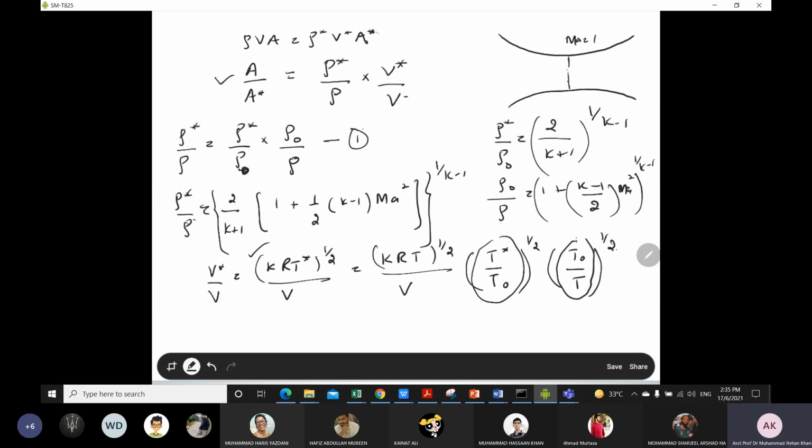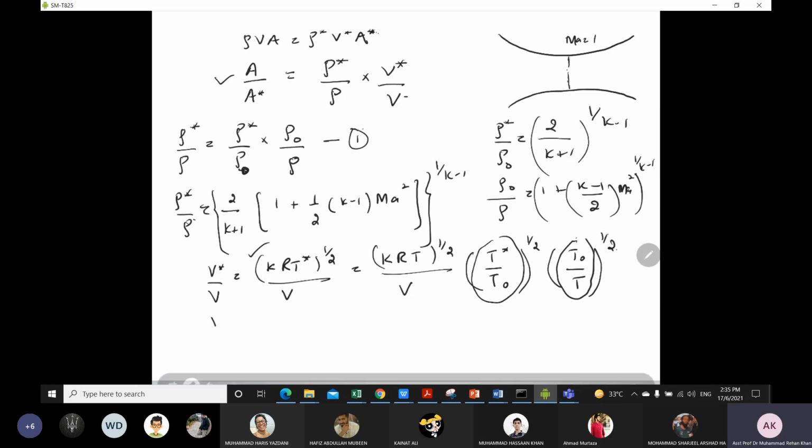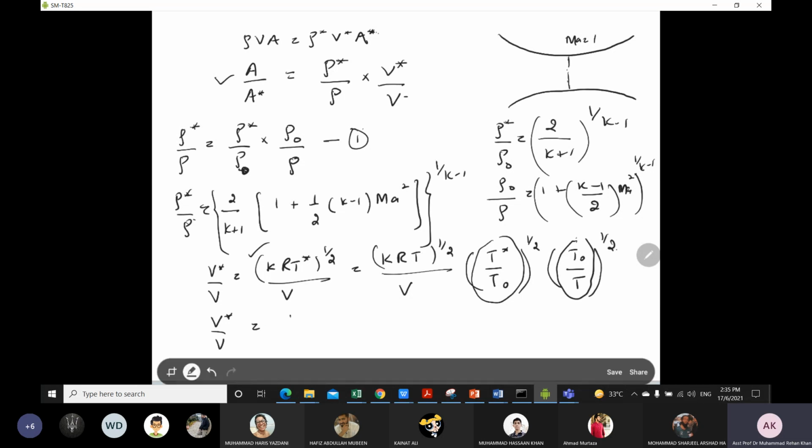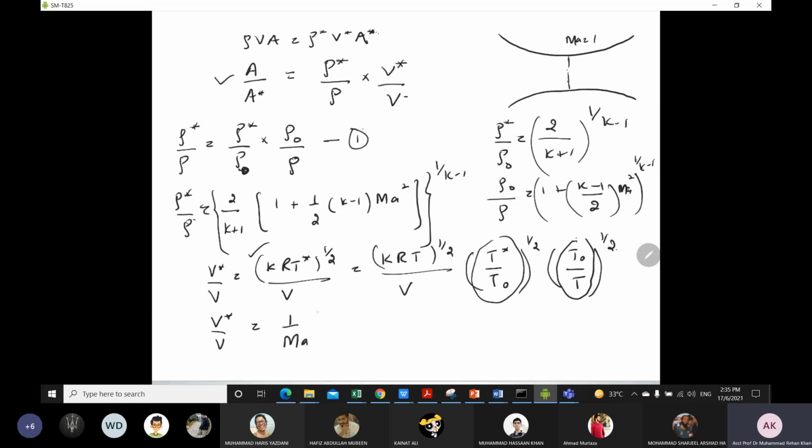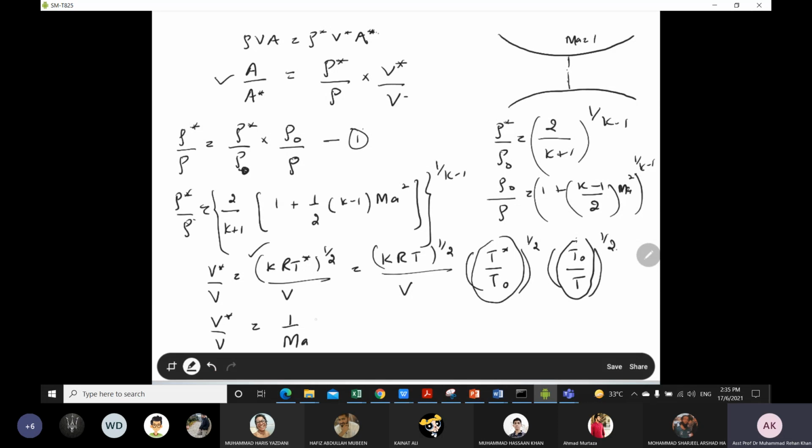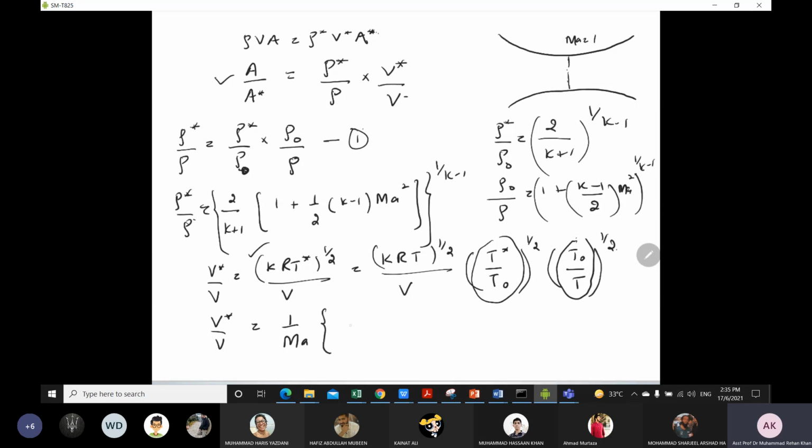So we get these values and simply put them into this equation, and I'm just going to write the final equation: V star by V is equal to 1 over Mach, times (2 over k plus 1, times (1 plus 1 by 2 (k minus 1) Mach square)) to the power 1 by 2.